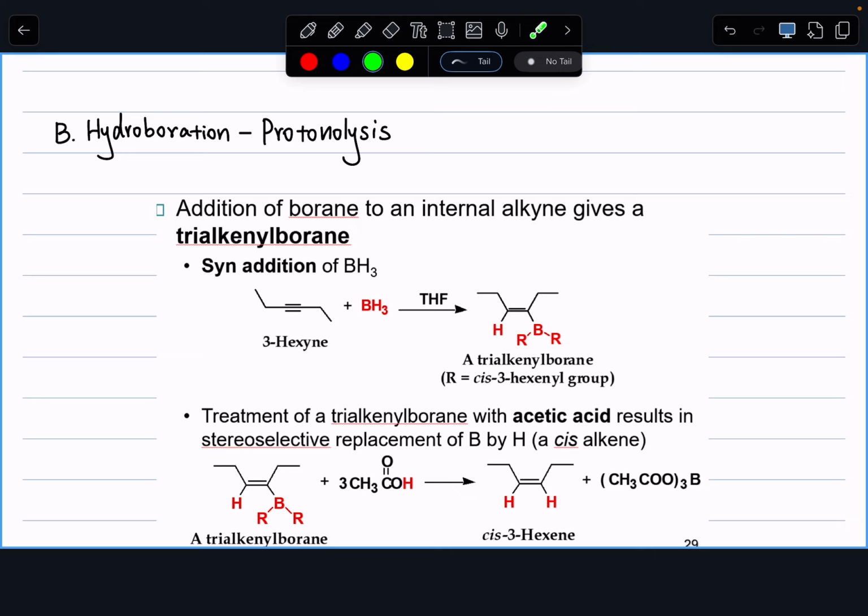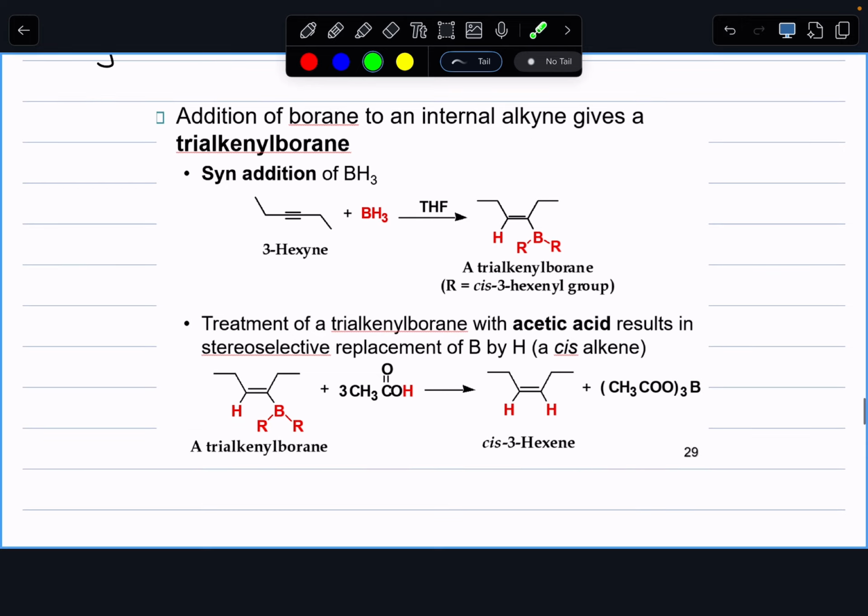Then instead of treating with hydrogen peroxide and NaOH, if the condition is treating it with acetic acid, we will end up replacing the boron with hydrogen to form a cis alkene.